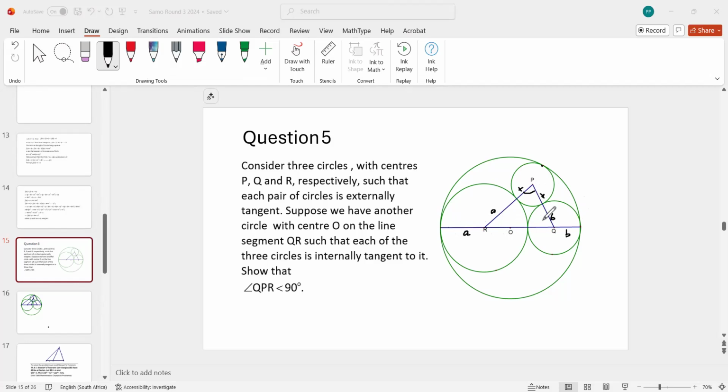Now, we know what the diameter of the large circle is because it's 2A plus 2B. They're touching each other. So these centers, when circles touch each other, the line that joins the centers always goes through the point of contact.